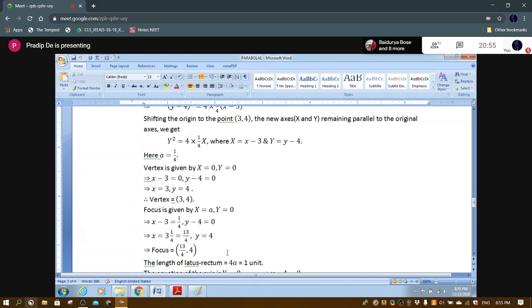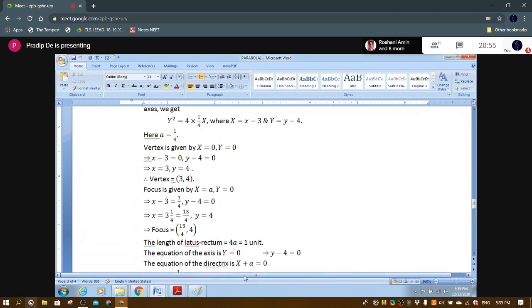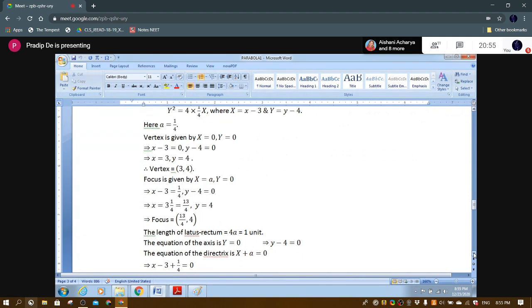Length of LR. Here you can see 4a equal to 1. So the length of LR is 1 unit. That is simple. Equation of the axis: capital Y equal to 0. But capital Y is small y minus 4. So y minus 4 equal to 0. Equation of the directrix: capital X plus A equal to 0.